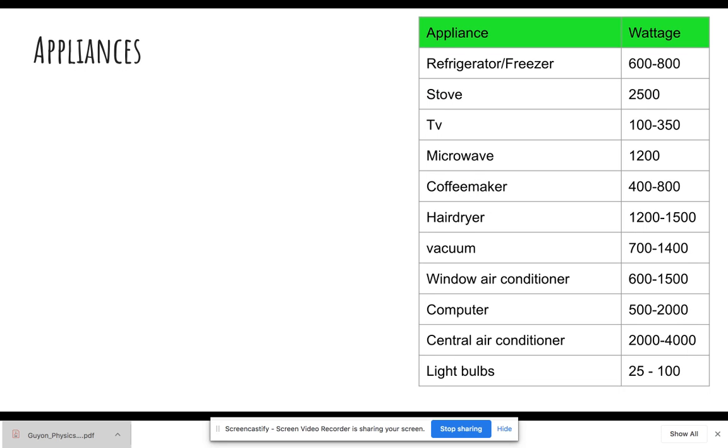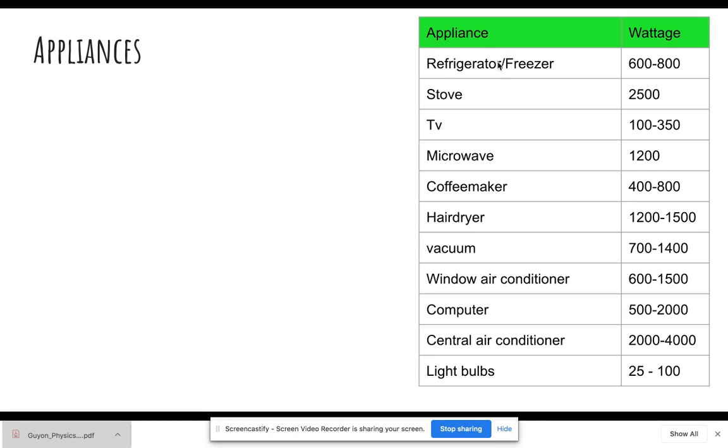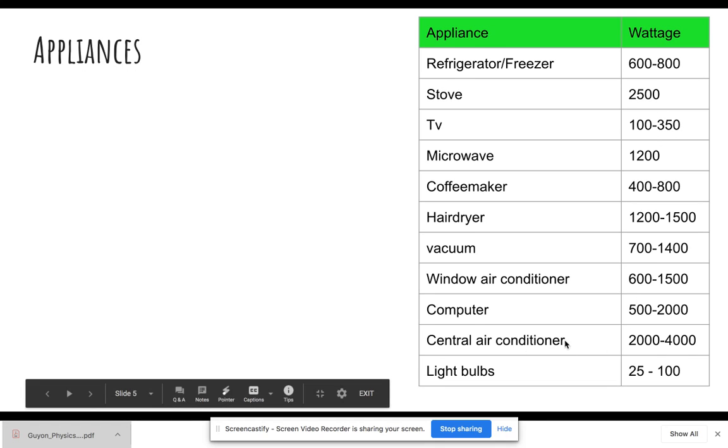So cost of electricity. As you can see over here, on the right-hand side, there's a list of different appliances that are within our house, and they have ranges of about what wattage or power that they use. Okay, like refrigerator, 600 to 800. You can see your central air conditioning systems, 2,000 to 4,000. That's why electric bills a lot of times go up quite a bit in the summertime, because your central air is kicked on.